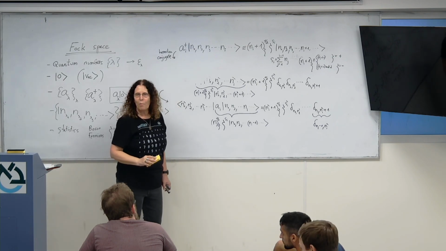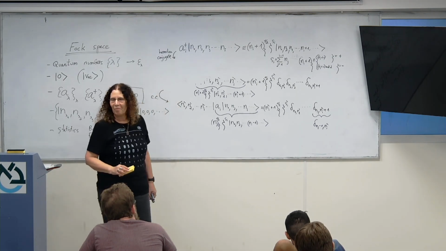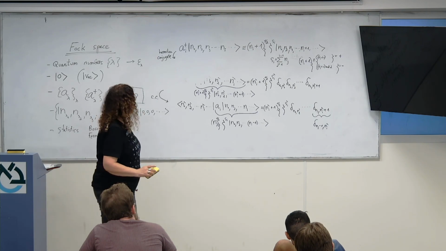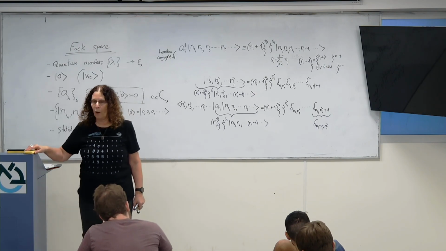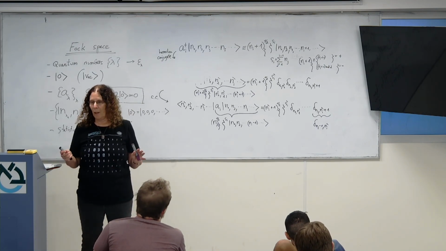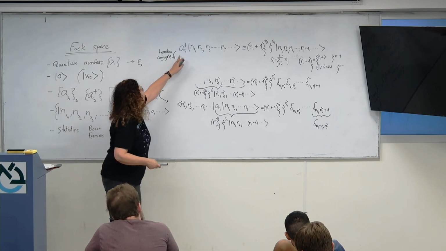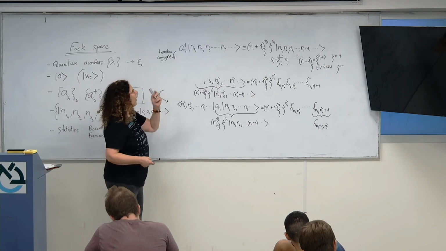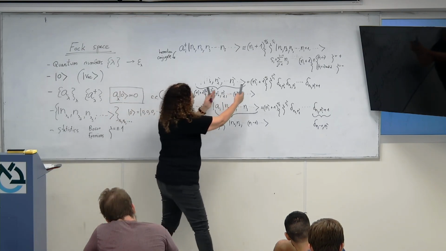If you have a question, this is the time to ask before I erase everything. So let me repeat again the calculation. What I did is, first of all, I took an arbitrary matrix element of the operator Ai dagger, which we already introduced, and we wrote an equation for it.